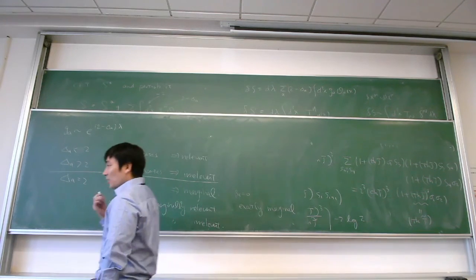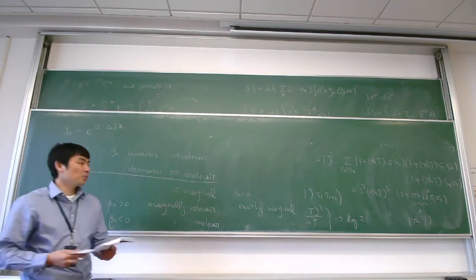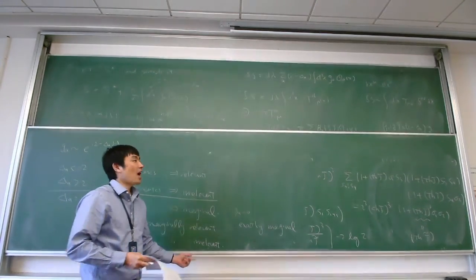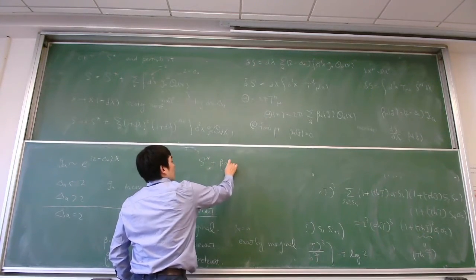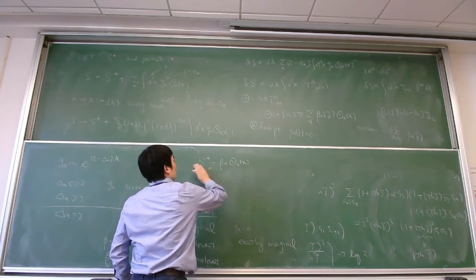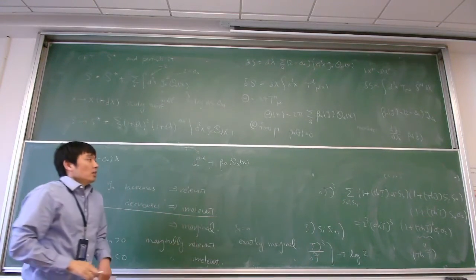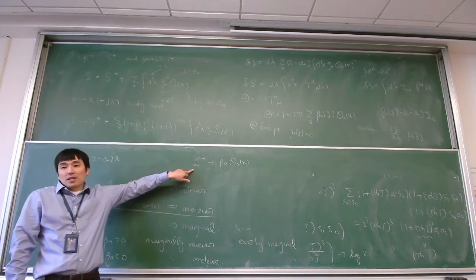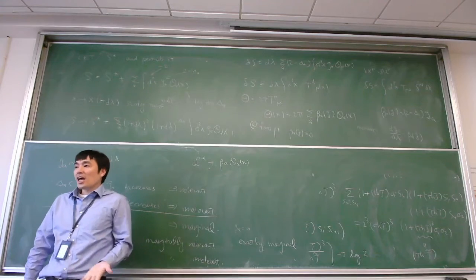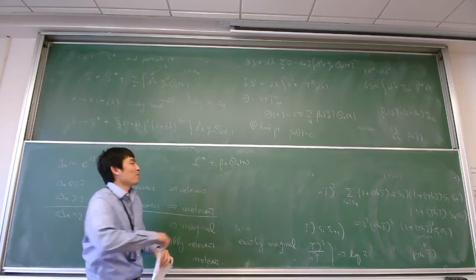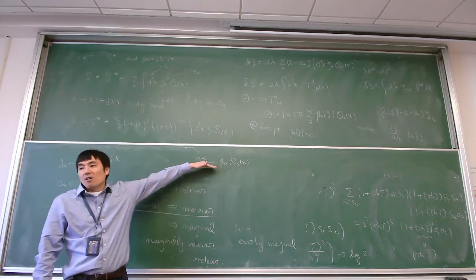If the theory has exactly marginal deformations, which means that even if you add this perturbation, maybe I should write the Lagrangian star. Lagrangian star is a CFT, but even if you add exactly marginal operators, the theory stays conformal.